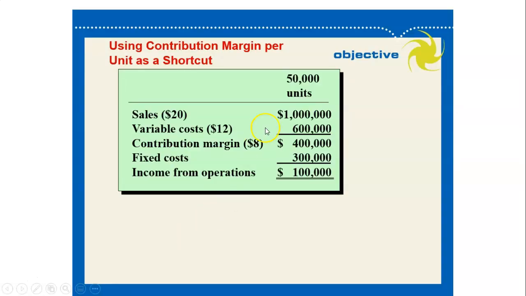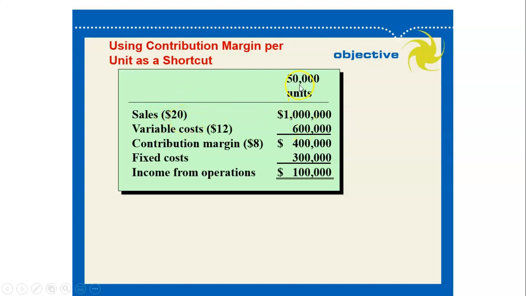So here we have the same million minus the 600,000, 400,000. We still have the same total amounts. But if we know that 50,000 units were sold, I take the million divided by 50,000 units. That tells me my sales price was $20 for each unit.